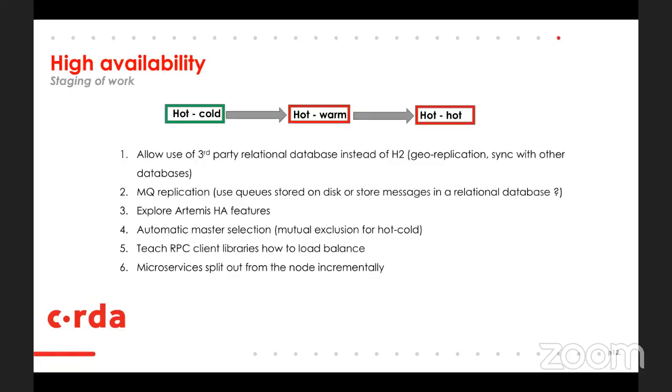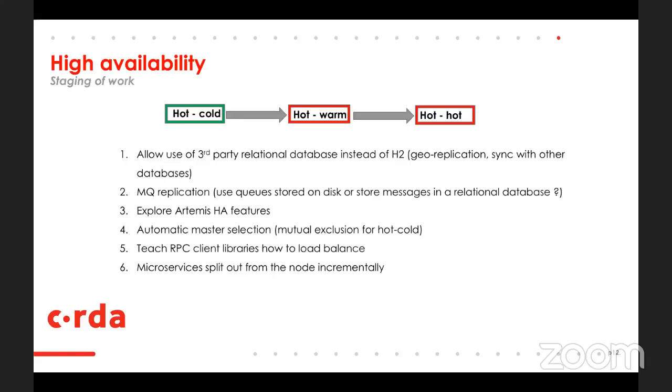We have taken several steps and continue doing so in order to achieve this. The first one, and probably the most important one, is allowing the use of a third-party relational database instead of H2. And this is important because third-party databases allow geo-replication, syncing with other databases, which in itself is a form of high availability.